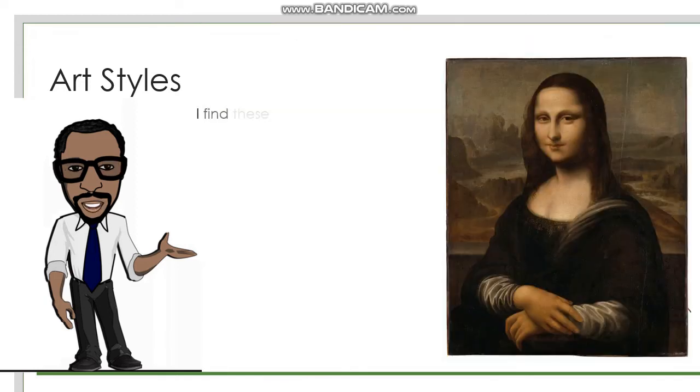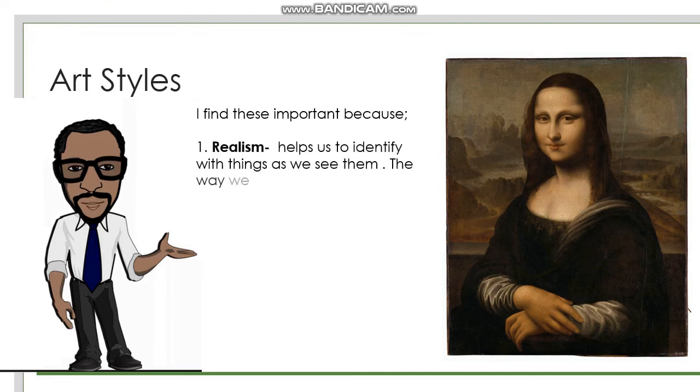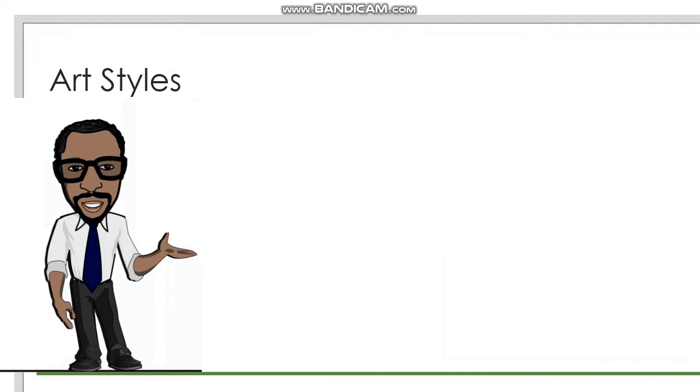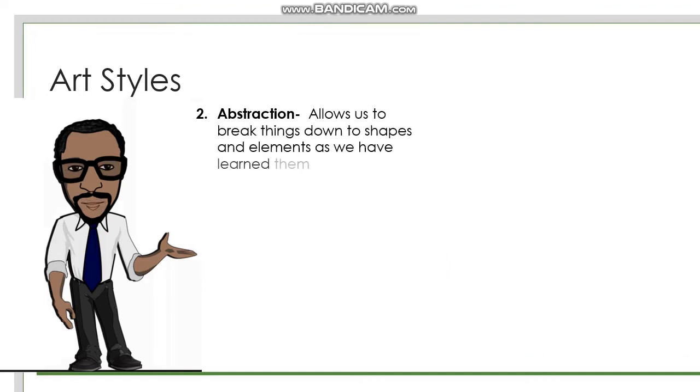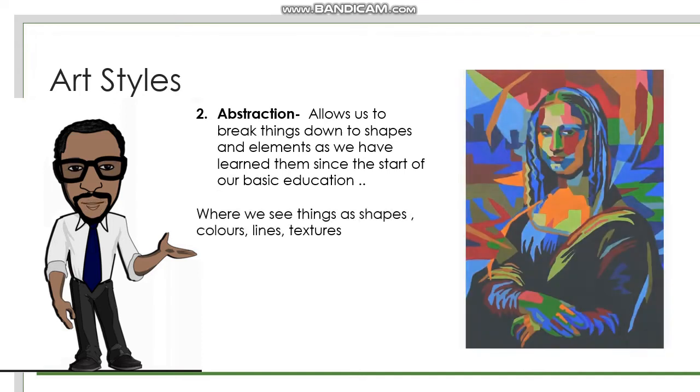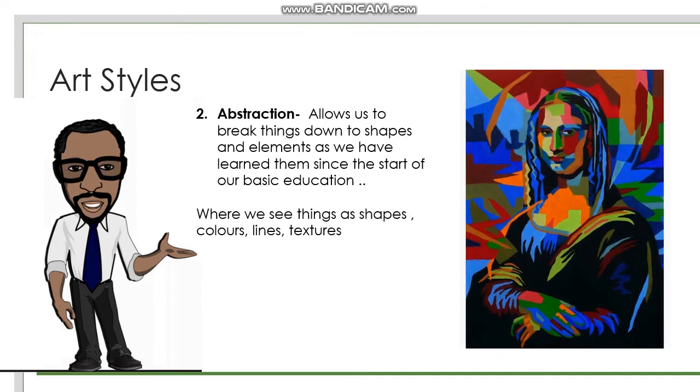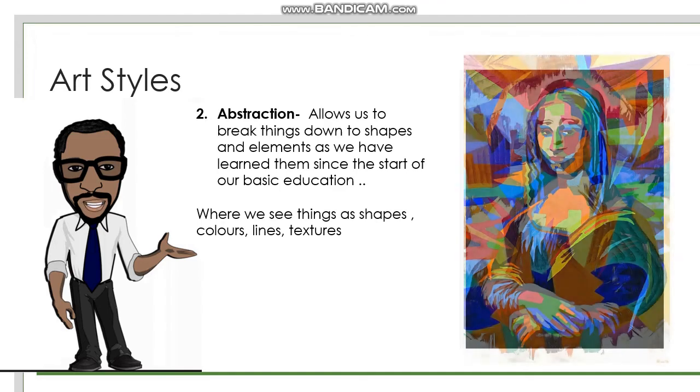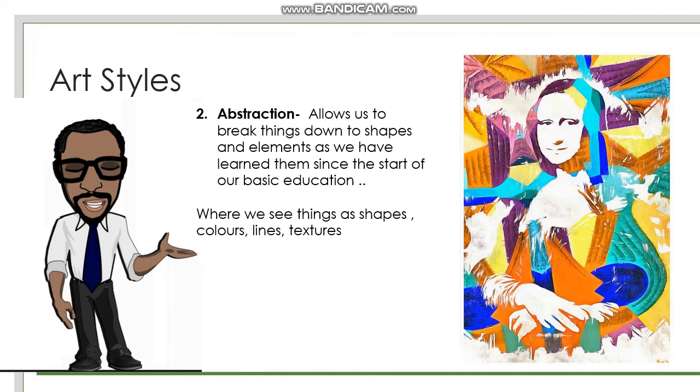I find these important because 1. Realism helps us to identify with things as we see them, the way we expect them to look. 2. Abstraction allows us to break things down into shapes and elements as we have learned them since the start of our basic education, where we see things as shapes, colors, lines, textures.